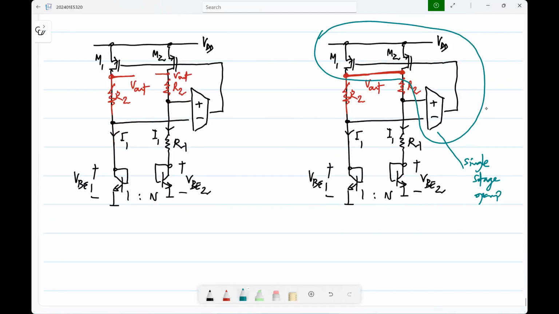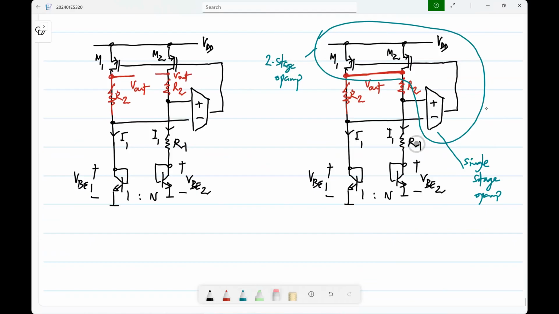If you have an NMOS differential pair followed by a PMOS transistor, that is a two-stage op amp, of course without the biasing. Now, this is not a general purpose op amp which has to push current, pull current, and so on. The current is always only in one direction. So that's why there is no separate biasing source. But basically, this whole thing can be thought of as a two-stage op amp.